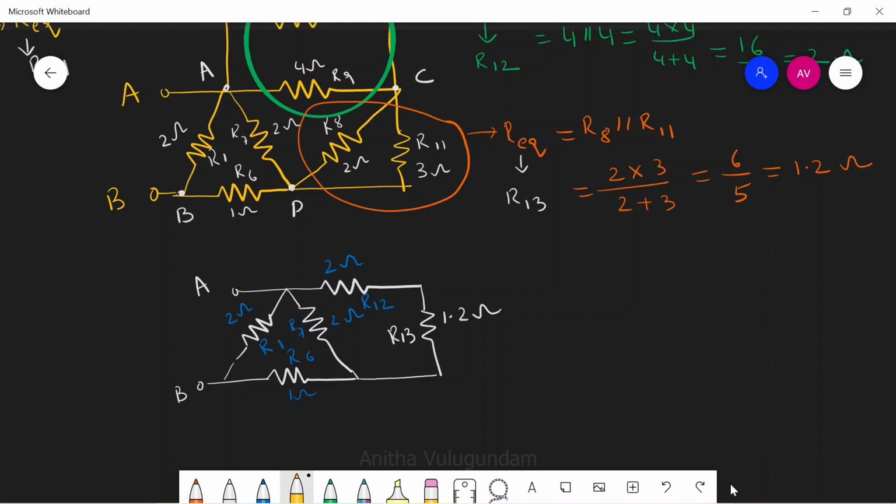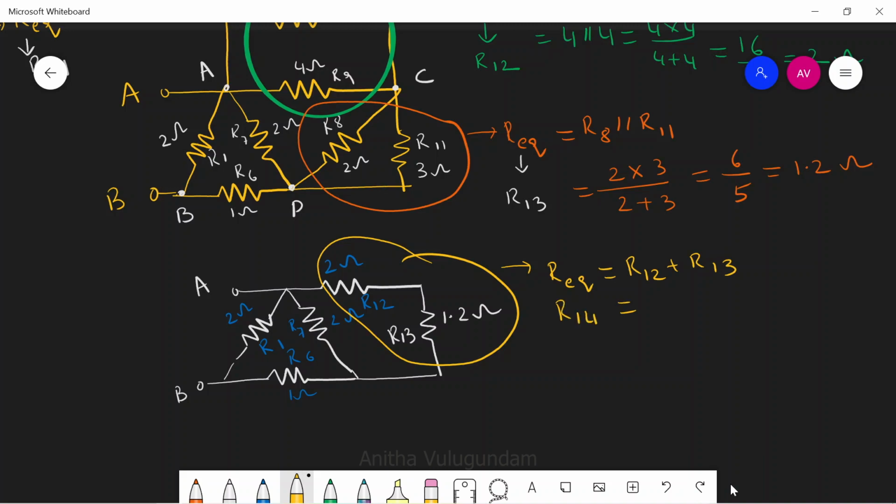Now we can notice that R12 and R13 are in series. No current division takes place. We can say these two are in series. So R equivalent for this is R12 plus R13. I would like to name this as R14. 2 plus 1.2, that equals 3.2 ohms. Again redraw the figure.